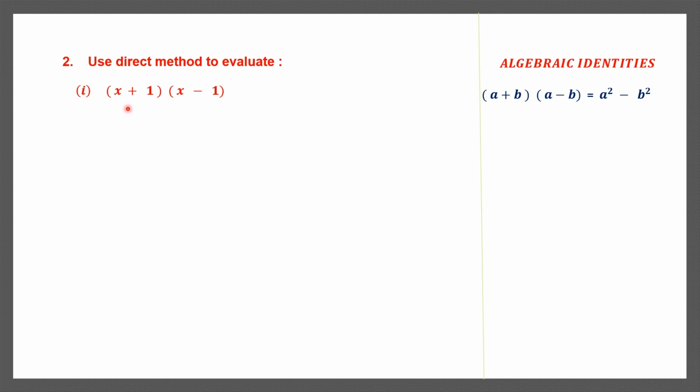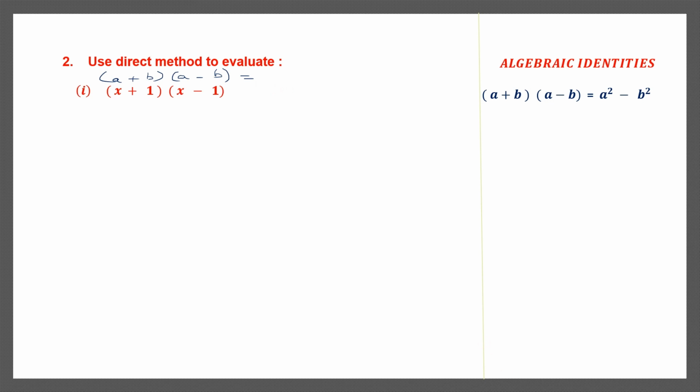So the question is x plus 1, x minus 1. Here we have a plus b, a minus b, product. So here a is the same as x. So here we can take this as a plus b. And here this can be a minus b. So what is the answer according to the identity? You have to learn up these formulae, children. Okay, so what is the identity here? A square minus b square.